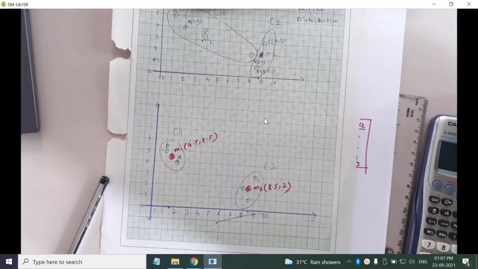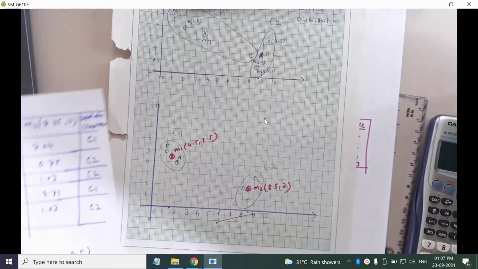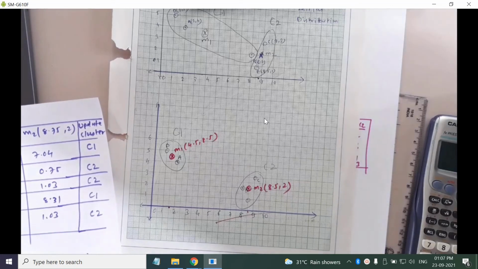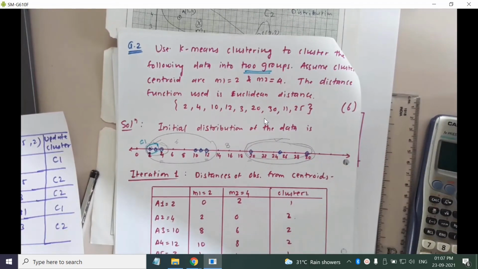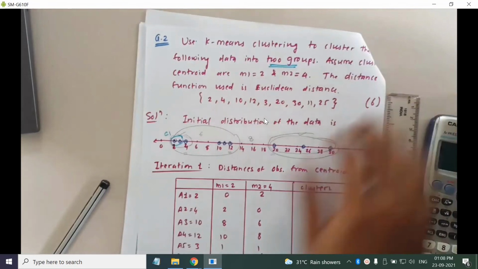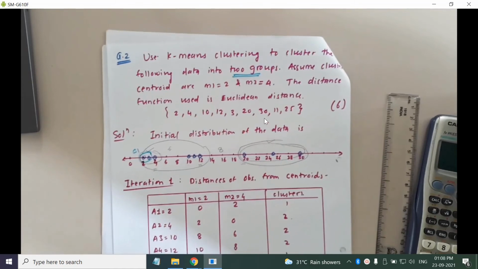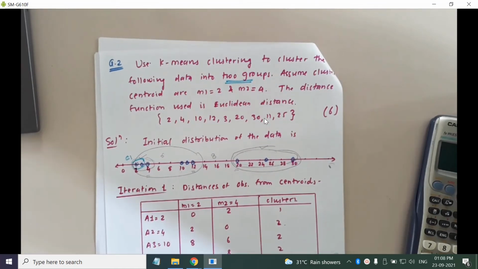Okay, so now we'll be solving the second question. Just try to understand this problem. What is the change here? Anyone?